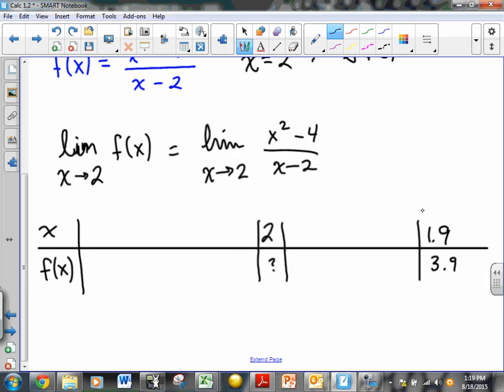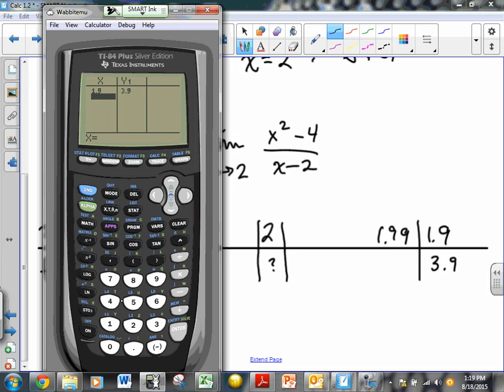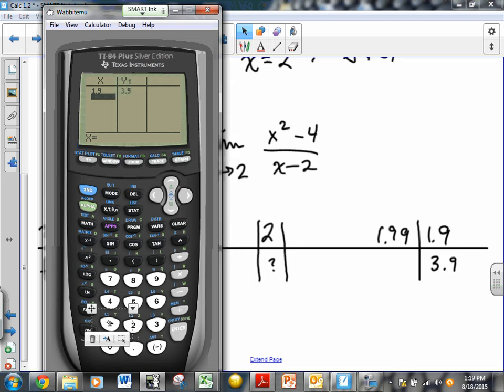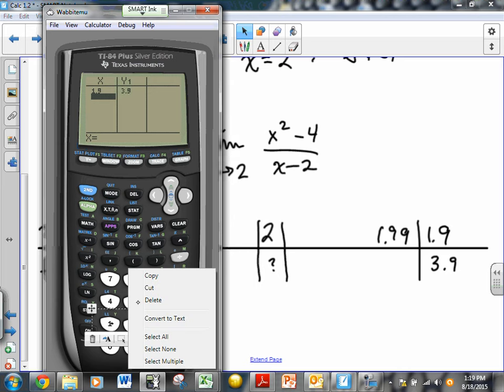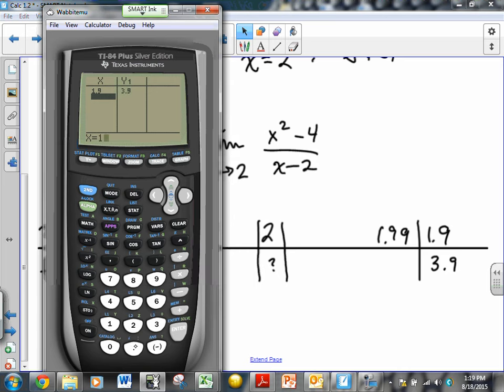Okay. Well, I'm going to sneak up and get even closer to 2. 1.99 is even closer to 2. If I put in 1.99, I get 3.99.